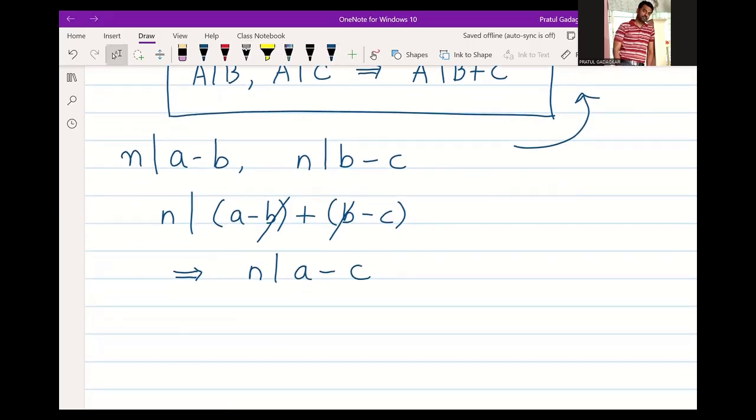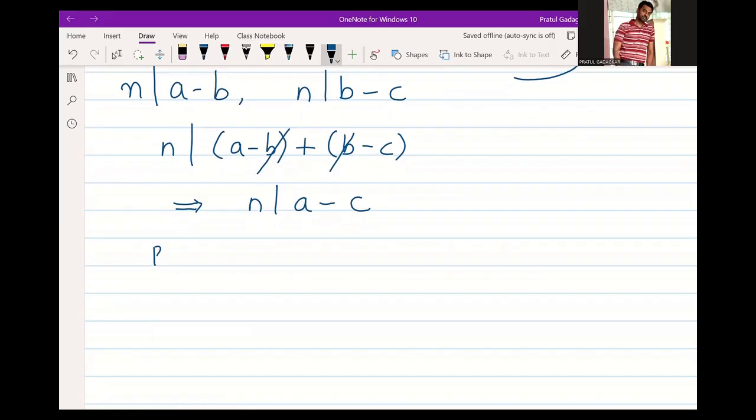And if n divides A minus C, then by the definition of congruence, you can see that this A and C must be congruent to each other modulo n, right?